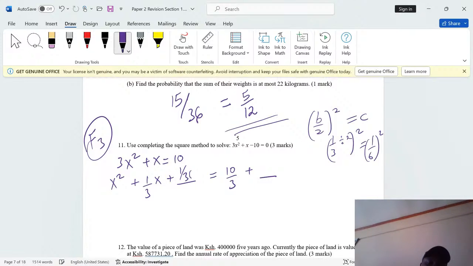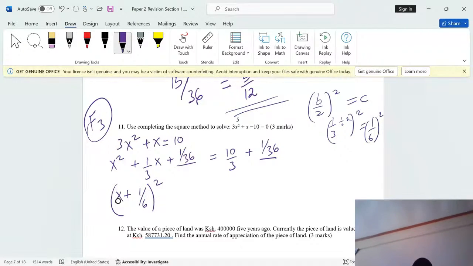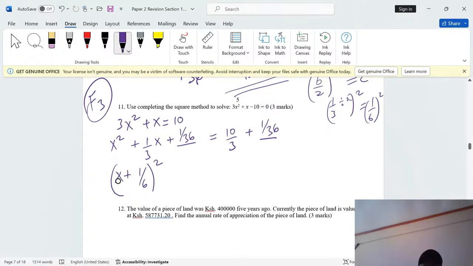So we add 1 over 36 to both sides. So now we factorize the left hand side, x plus 1 out of 6 squared. That is the factorized form for the left hand side. This is equal to 10 over 3 plus 1 over 36.